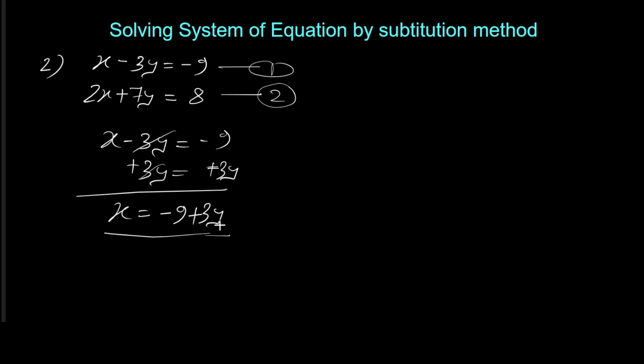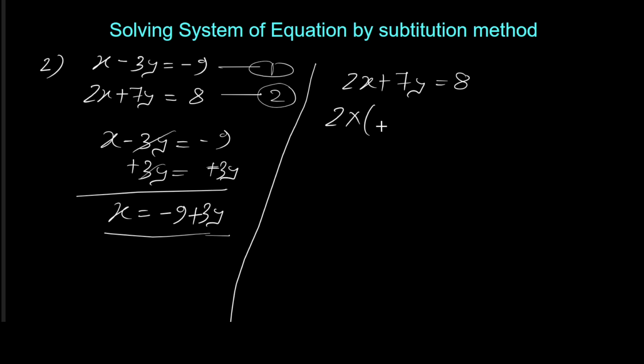So let's plug this x value into the second equation. We have the second equation, which is 2x plus 7y equals 8. So 2 times x, which means negative 9 plus 3y, plus 7y equals 8.